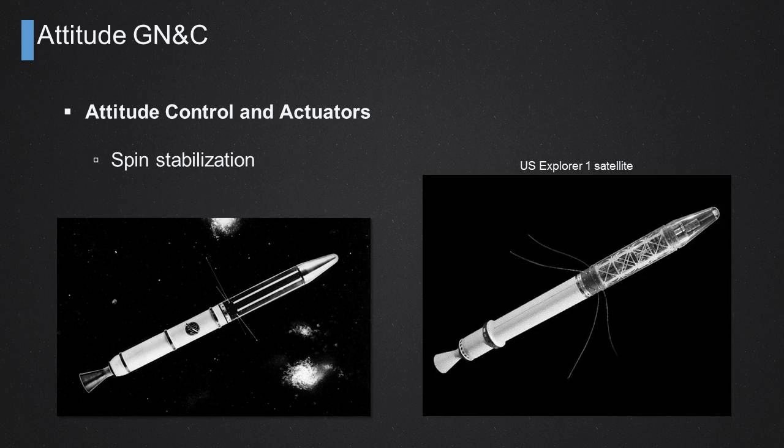And this is how they discovered that the only stable passive axis of rotation of a satellite is along its major axis of rotation. This is referred to as the major axis rule. So that's how they discovered it, by the failure of this US Explorer 1 satellite.